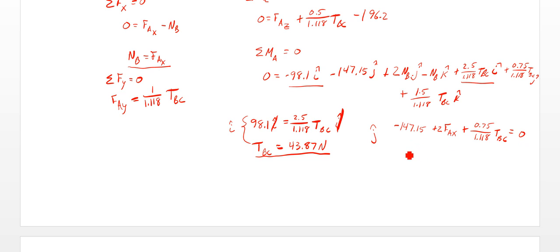You can move the 147.15 to the other side. So 2 FAX equals 147.15 minus 0.75 over 1.118 times my tension BC, which is 43.87. So FAX equals 58.86 newtons, and that also equals my normal force at B.